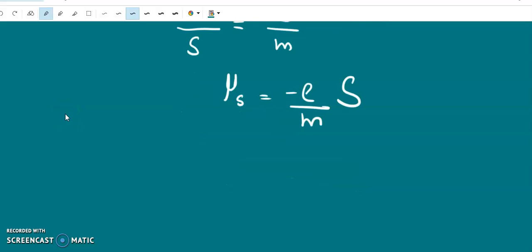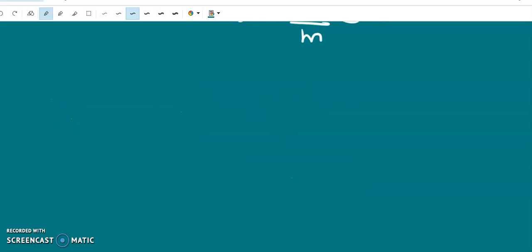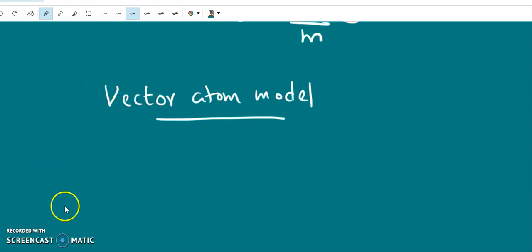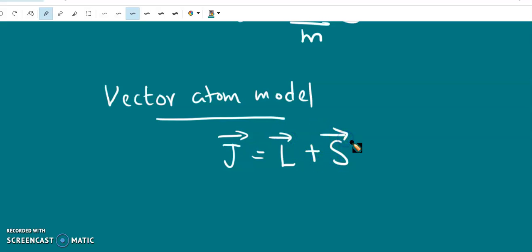Now we discuss the vector atom model. Here we introduce the total angular momentum J. According to this vector atom model, the total angular momentum J is the vector sum of the orbital angular momentum and the spin angular momentum.